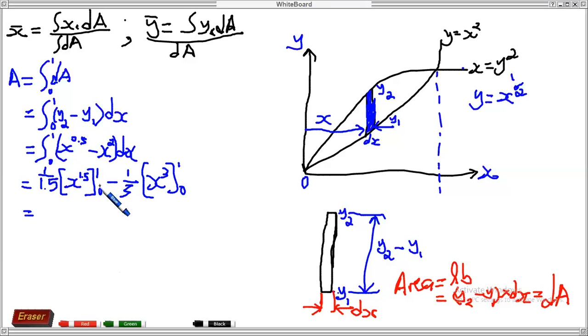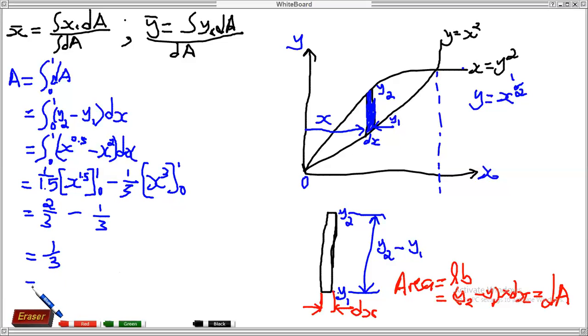So you put your 1 here, this should become 1 over 1.5, because 1.5 is the same as 3 over 2. So here it will just become 2 over 3, just inverted, minus, here you end up with 1 over 3. Okay, if you subtract them, then you should get 1 over 3.